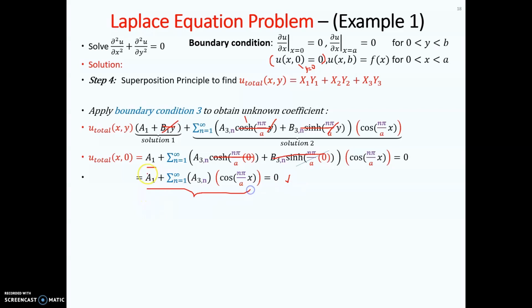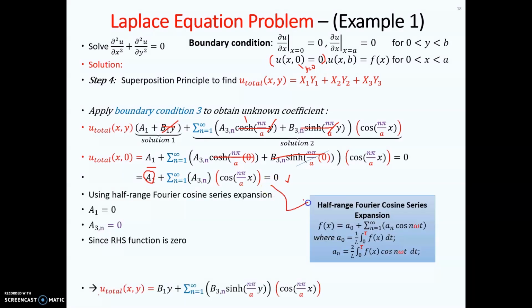So you should recognize this to be a constant plus a summation of cosine terms, which is a half-range Fourier cosine series expansion. Once you recognize this is the format for the half-range Fourier cosine series expansion, then you can obtain the coefficients a0 and an here by using these two formulas.